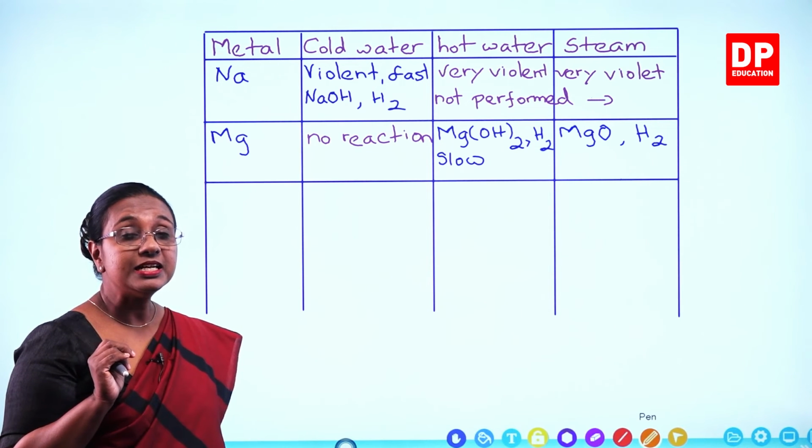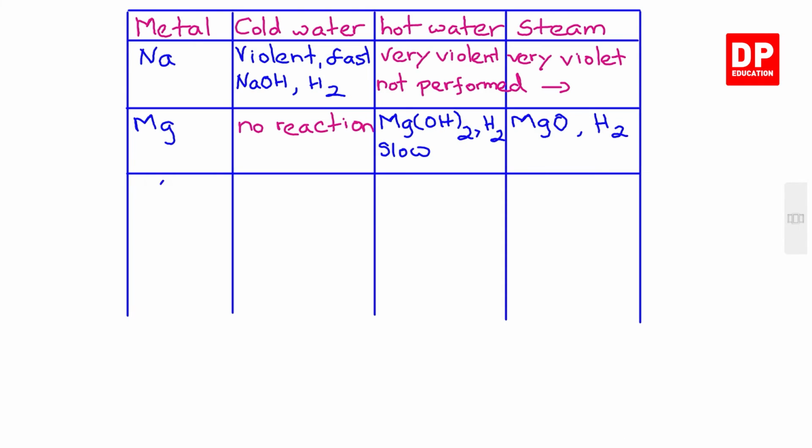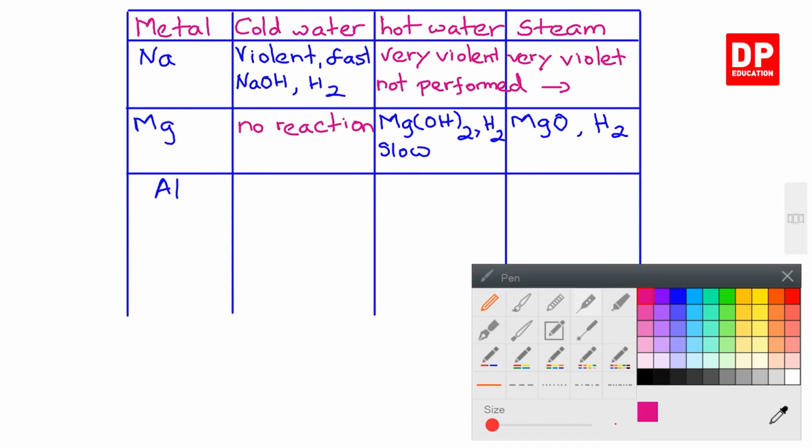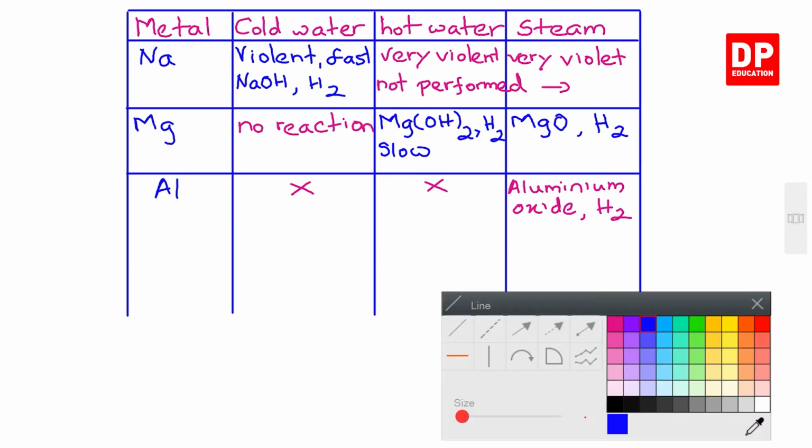We considered the reaction of aluminium and zinc. So aluminium, what happens? No reaction with cold water, no reaction with hot water, but with steam it gives aluminium oxide and H2 gas, only with steam.